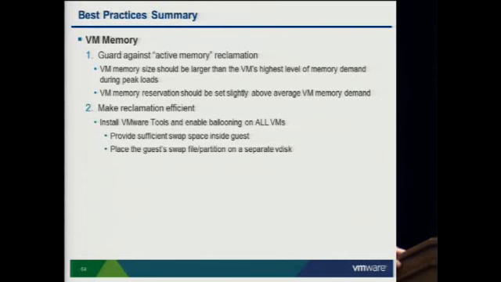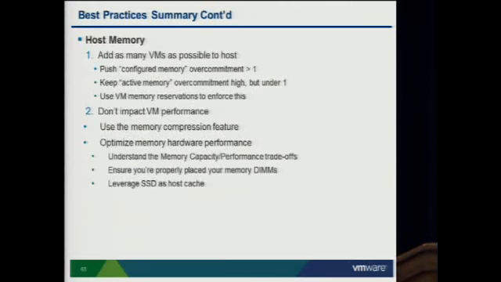You also want to make reclamation efficient: install VMware Tools, enable ballooning, and provide sufficient swap space inside the guest. On the host side, you can add as many VMs as possible to keep configured memory size greater than 1, but keep active memory overcommitment less than 1. Again, VM memory reservations are the way to go, in my opinion.